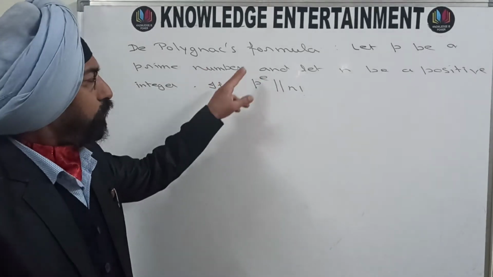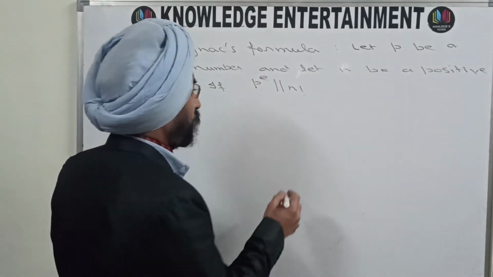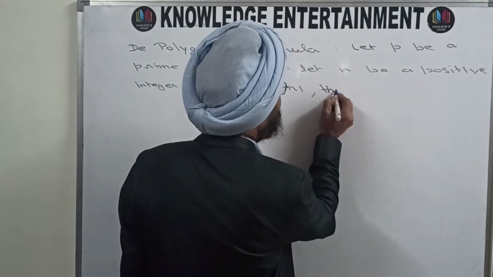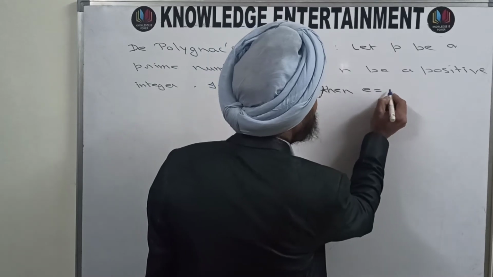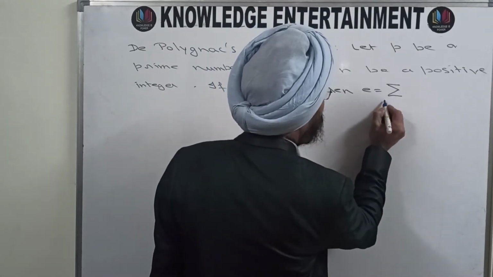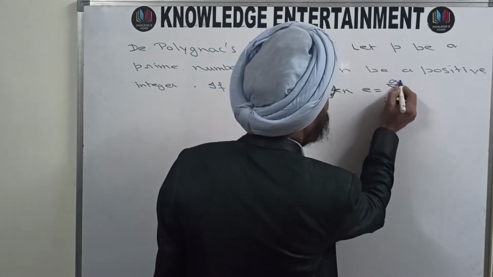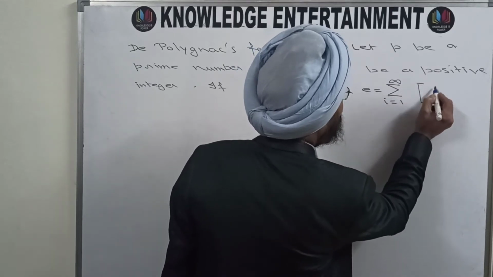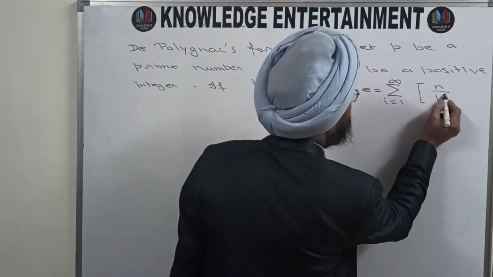So if p power e max divides n factorial, then this e is equal to sigma i varying from 1 to infinity of floor of n upon p power i.